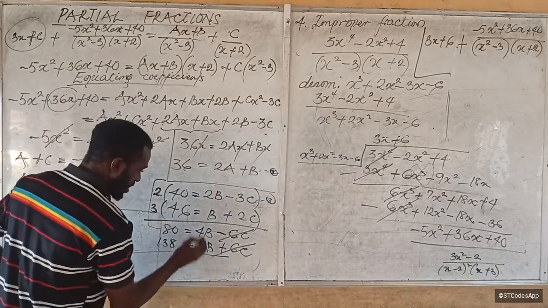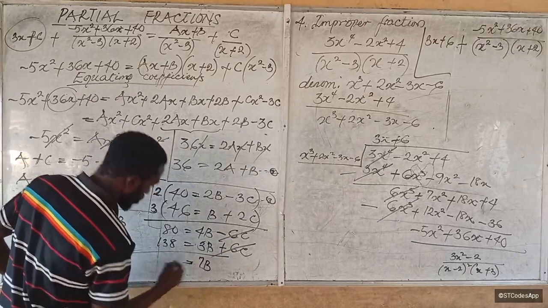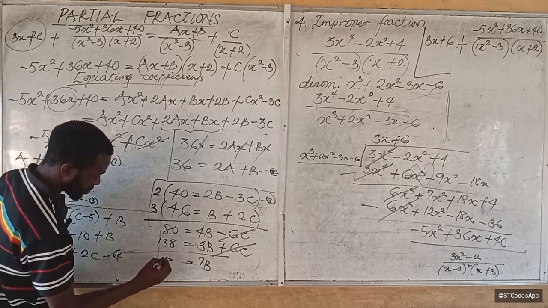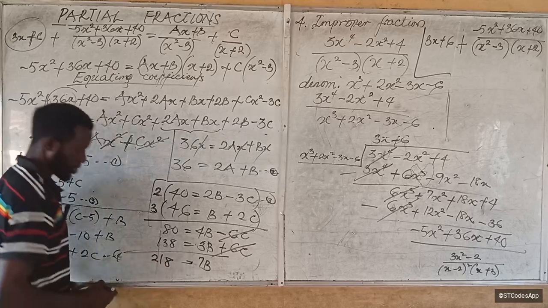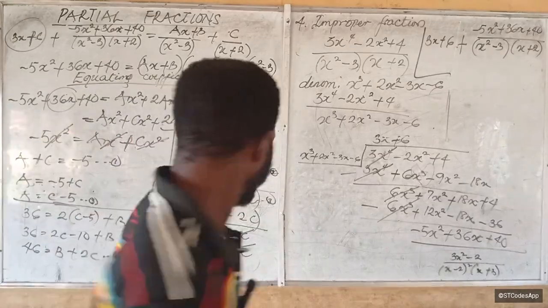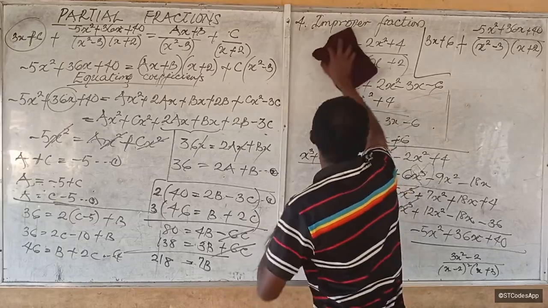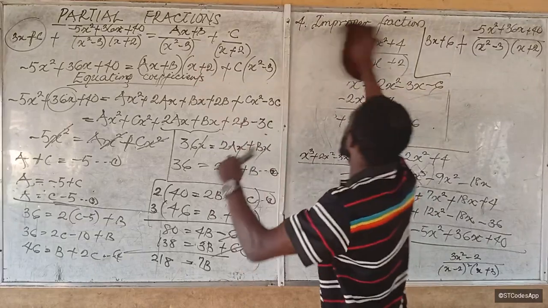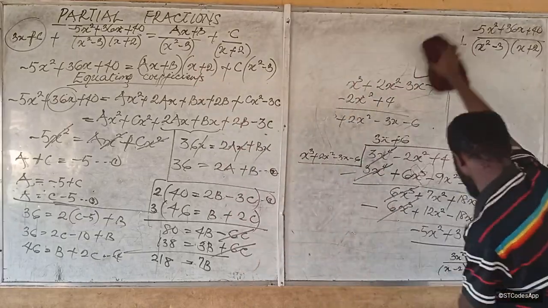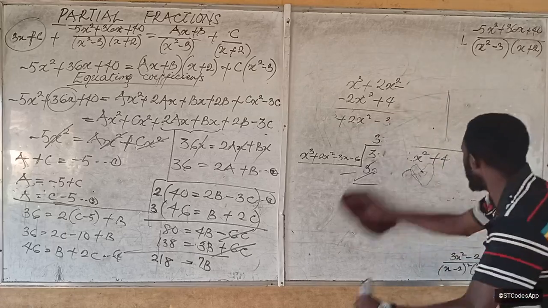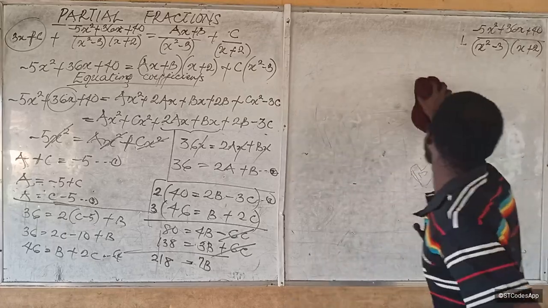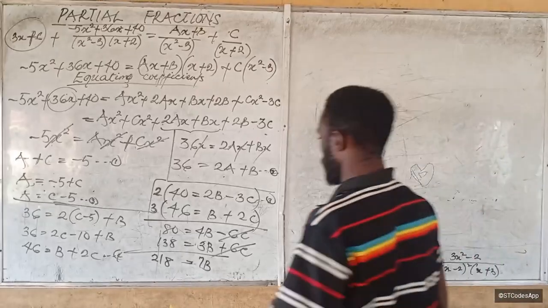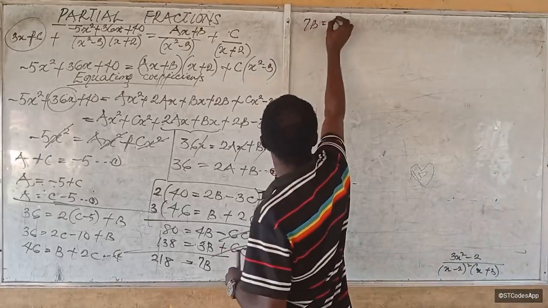So here, we'll add this and this, we'll get what? 7B is equal to, add this and this, you'll get 218, okay? So we have 7B is equal to 218.